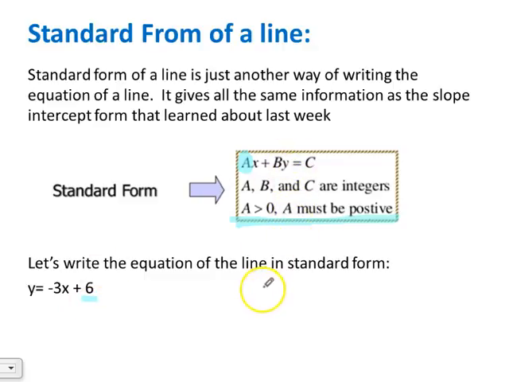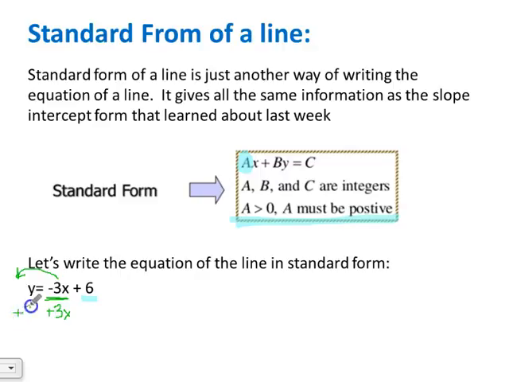That's like our c. So we need to get this negative 3x to go to the other side of the equation. How can we move negative 3x to the other side? We want to use inverse operations. We want to do the opposite of what's being done to it to move it to the other side. Since it's being subtracted, I'm going to add 3x to both sides.